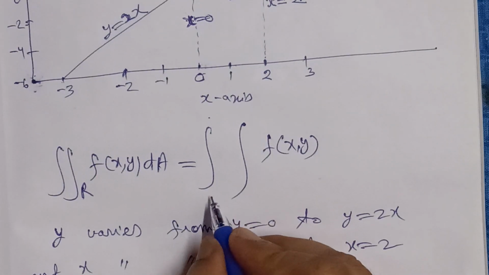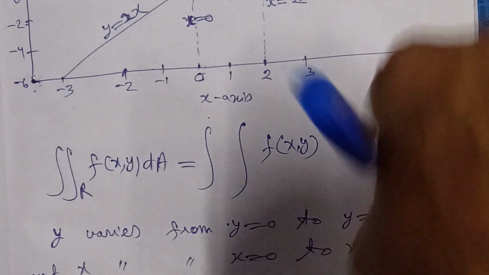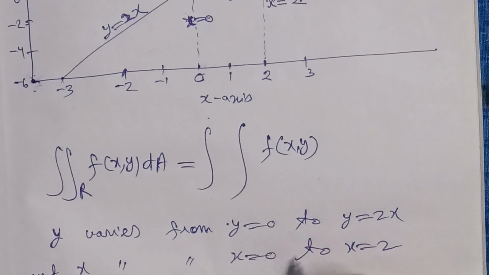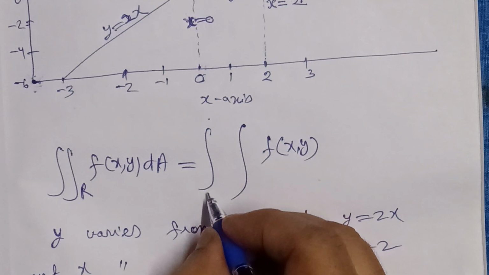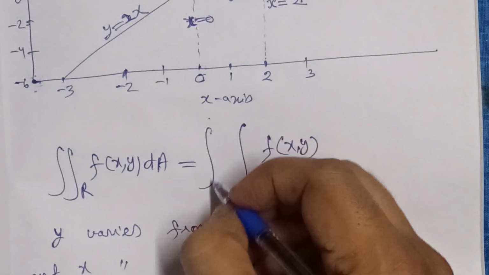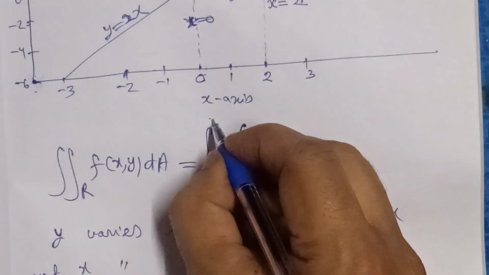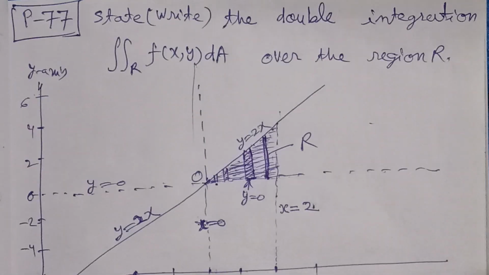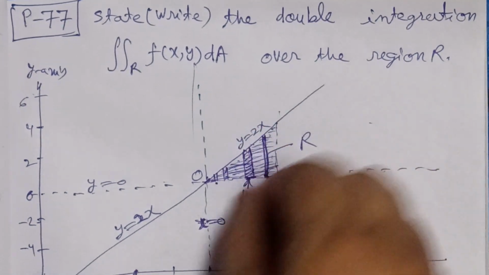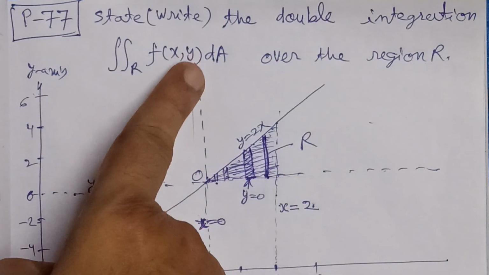So first you should write the constant limit, which is the value of x, because we take only a parallel strip to the y axis.